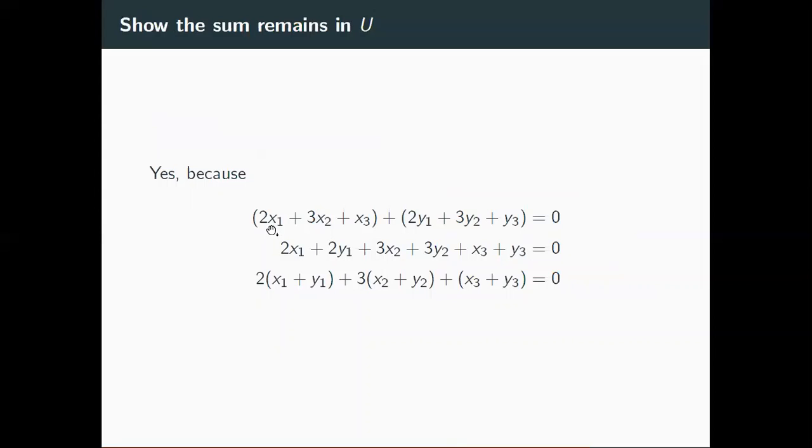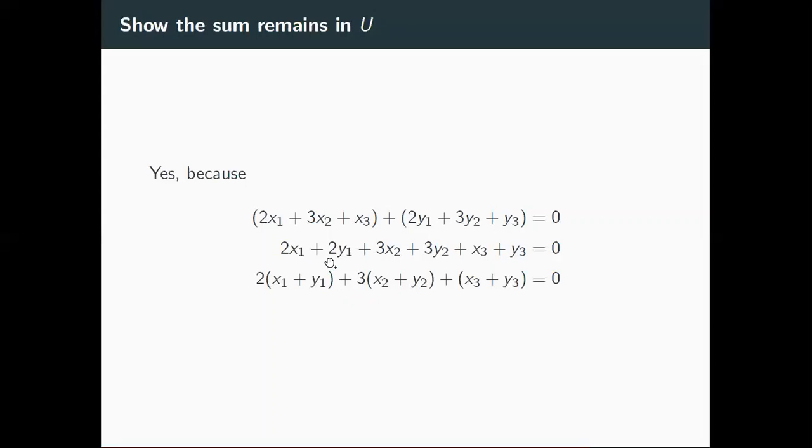So we'll start with what we know. We know that this expression plus this expression equals 0. And that's because x is a vector in U and y is a vector in U. So 2x1 plus 3x2 plus x3 is 0, and 2y1 plus 3y2 plus y3 is 0. So 0 plus 0 is 0. Now I'm just going to break up the parentheses and rearrange some terms.